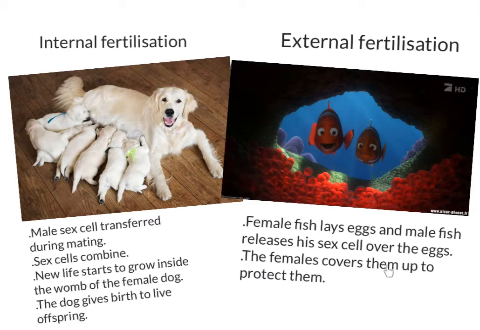Then the female covers them up to protect them. So in the film, she puts them in this little cave to protect them, but in real life, they might bury them under sand, or they might put gravel on top of them, and then they grow, and when they're ready, they hatch out of the egg. So the female doesn't give birth to the babies, not like a dog. They hatch out of the egg when they're ready.